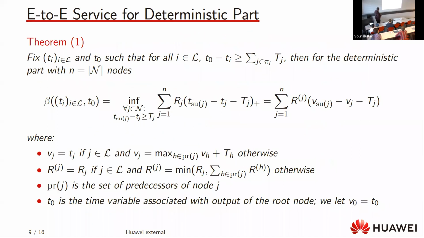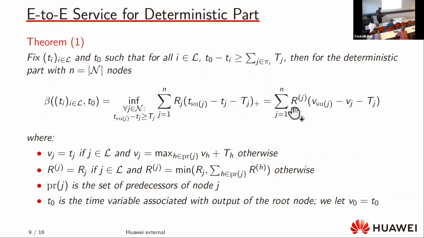So this theorem basically computes a service curve, a residual end-to-end service curve, for the deterministic part, right? And this is the part that we isolated earlier. And then this is given by this sum.